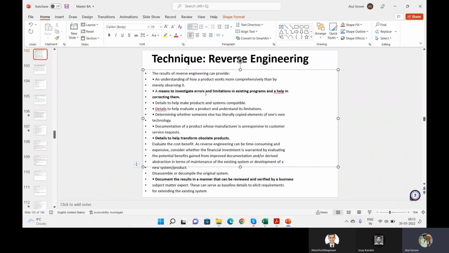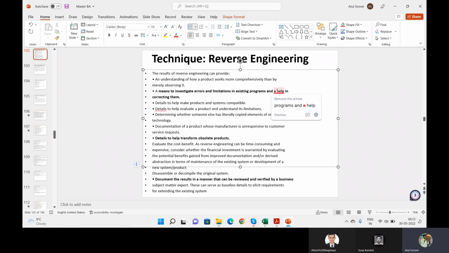It is a means of investigating errors and limitations in the existing program and helping to correct them. In this process, you find out why this error is coming and solve it without knowing the background in much detail. You do this in the reverse engineering part.